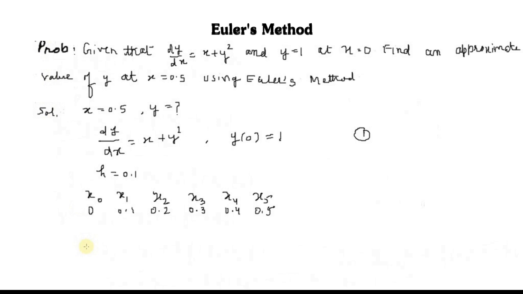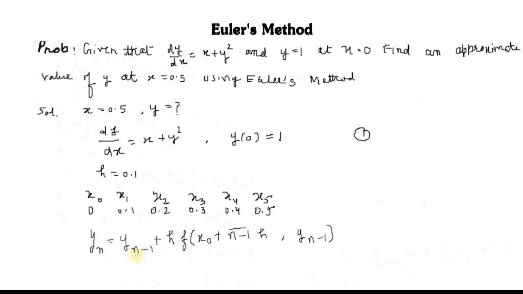The formula we have is yn equal to yn minus 1 plus h times the value of the function at x0 plus (n minus 1)h, yn minus 1. As we substitute n equal to 1, we will get y1.